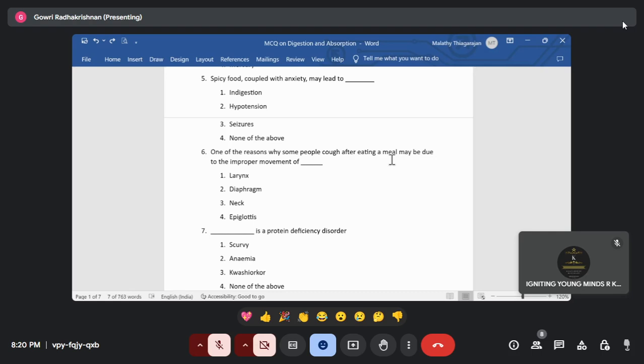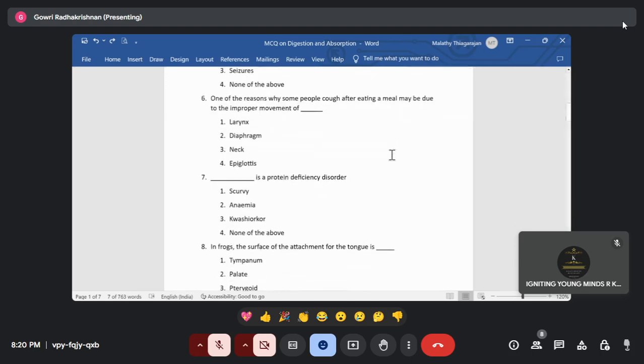Everything is interrelated actually. Because of the hormonal imbalance, the enzymes are not released in the proper amount or proper state. So it leads to indigestion. The first option is the correct answer.